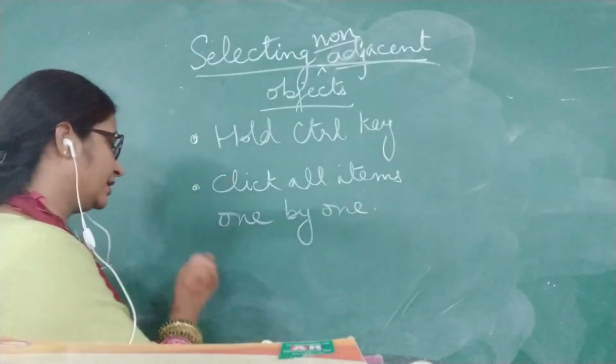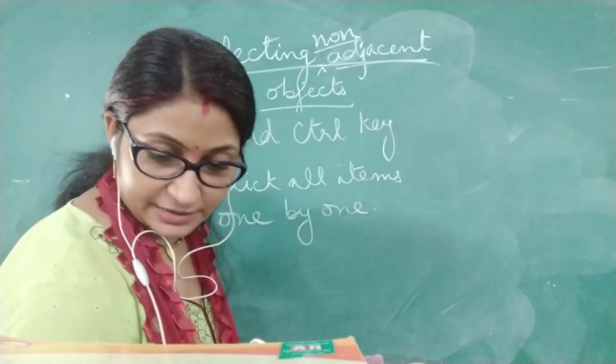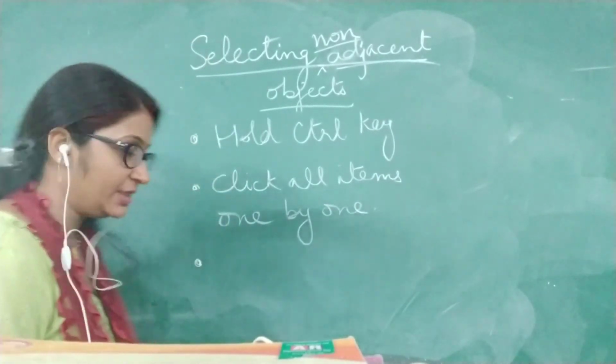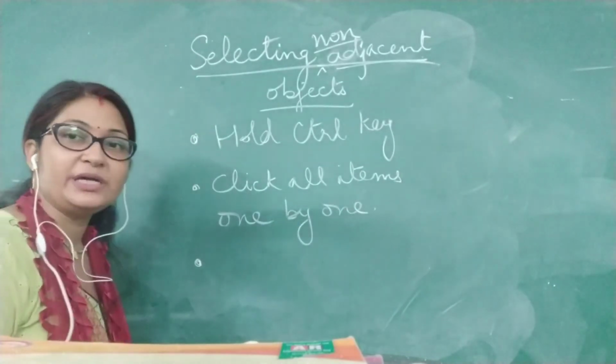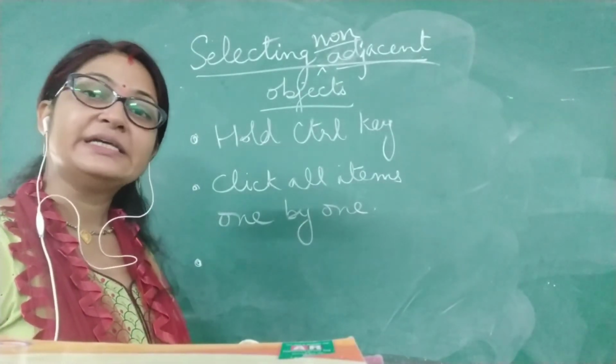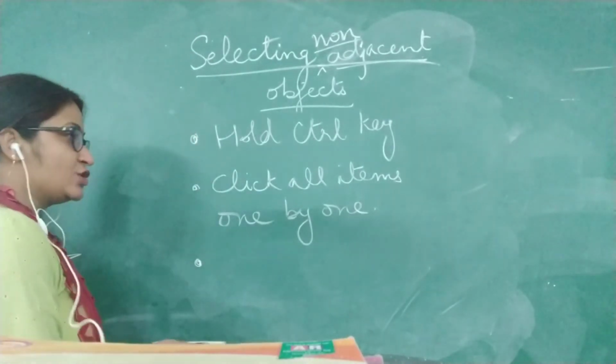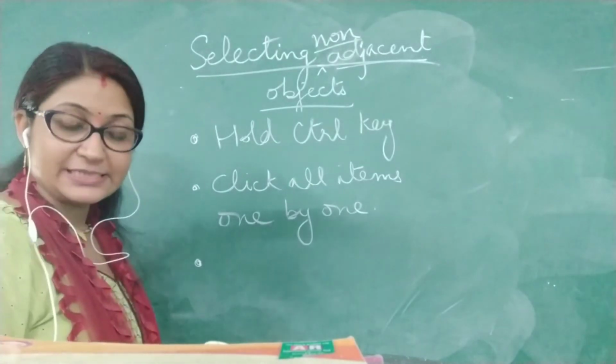After holding the control key, you have to click on the items one after the other. Then the non-adjacent items will be selected. So this is how you can select adjacent and non-adjacent items.